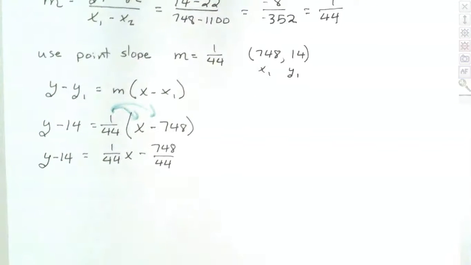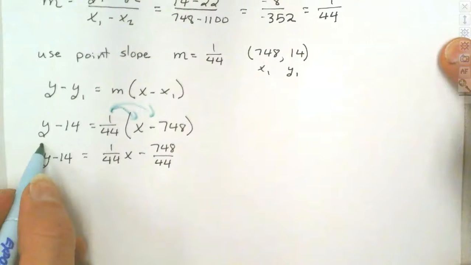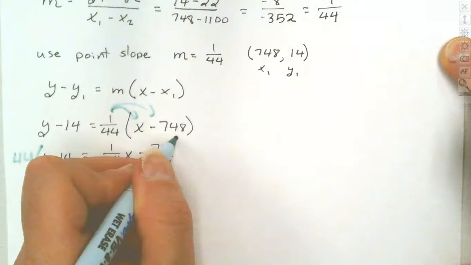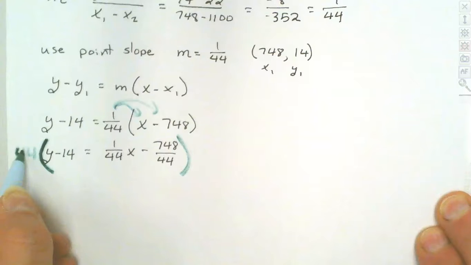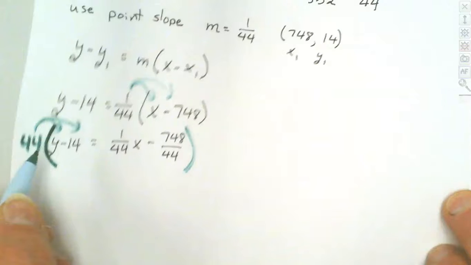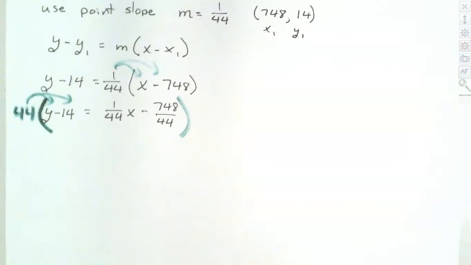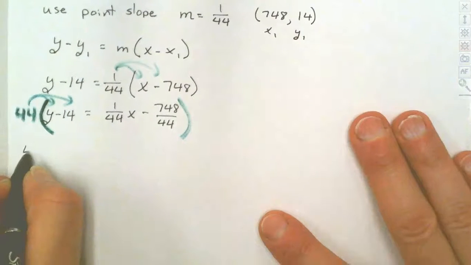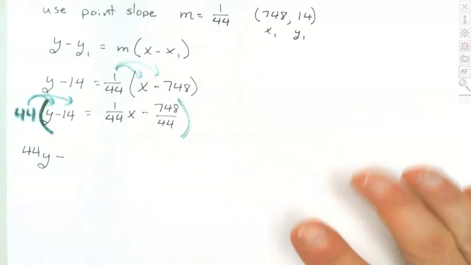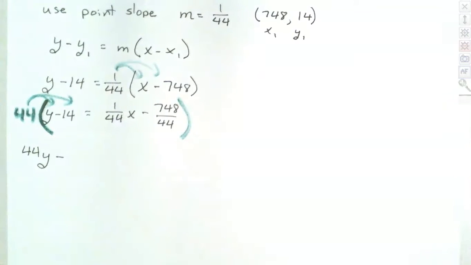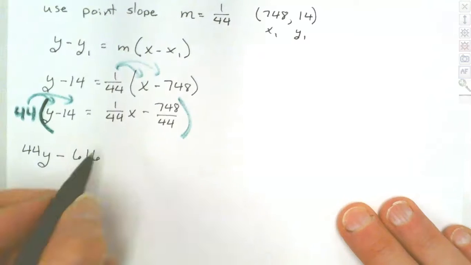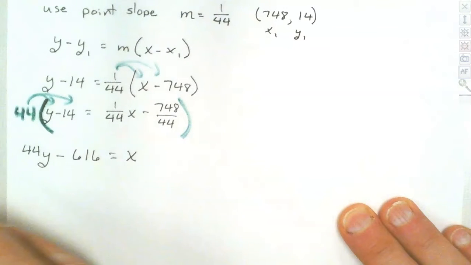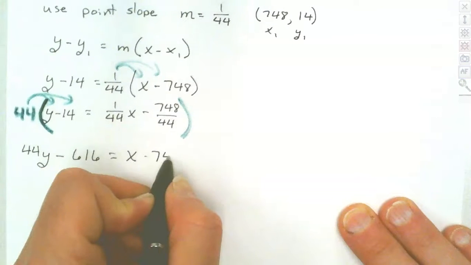And we'll quickly get rid of the fractions by multiplying it by 44. So we'll use that 44 there. And when I distribute that 44 through, then I get 44y minus 616 equals, those cancel, x, those cancel, minus 748.